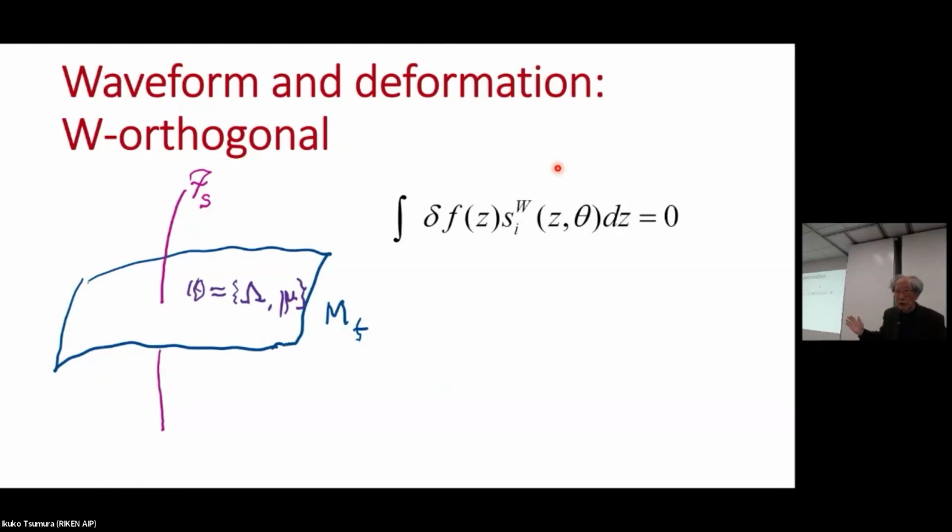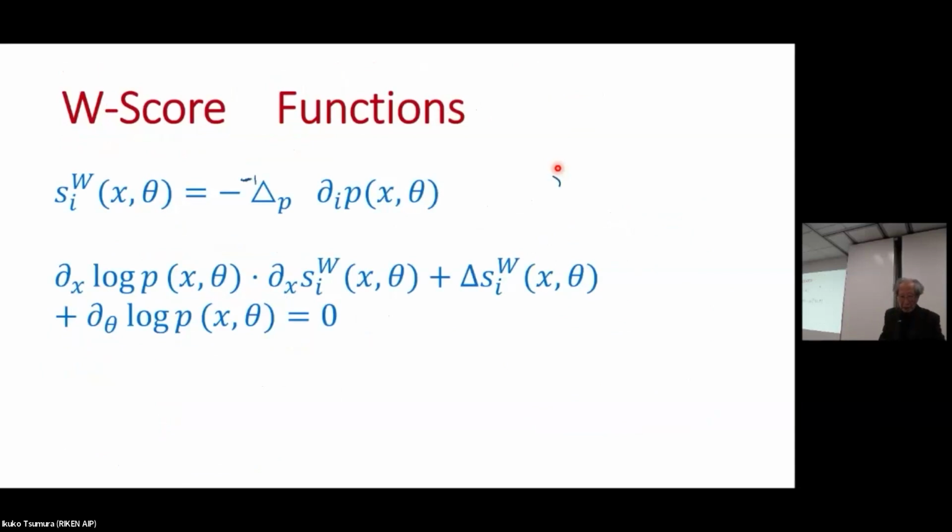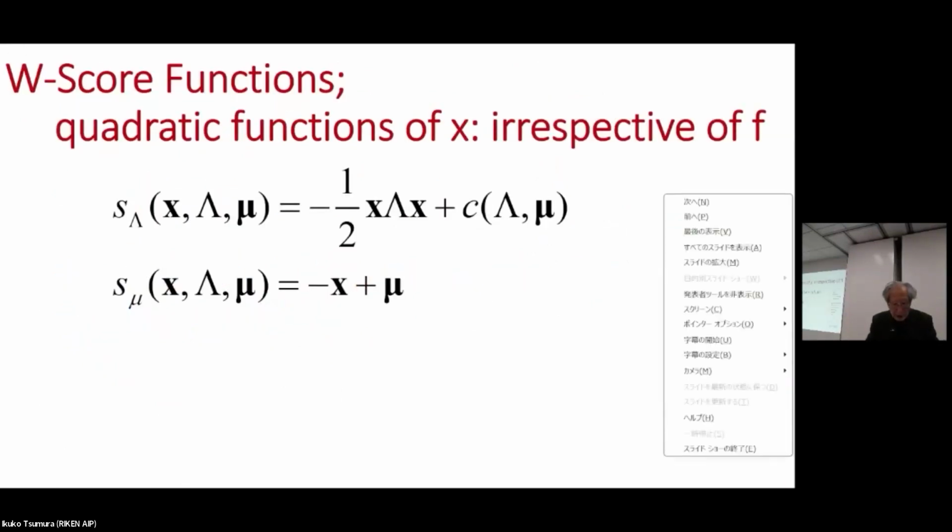So it's very good to decompose the shape and also the deformation parameter or position parameter. Now we need to calculate the W score function, solving this type of equation. Okay. But in the case of affine deformation, we can solve this equation giving the score function of x, where the parameters are lambda and mu, in a quadratic form.